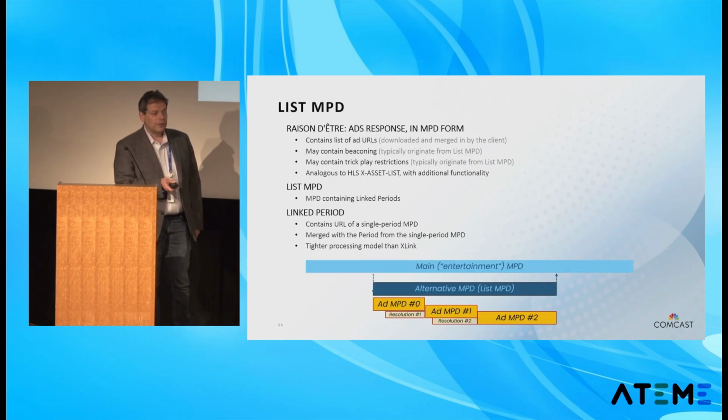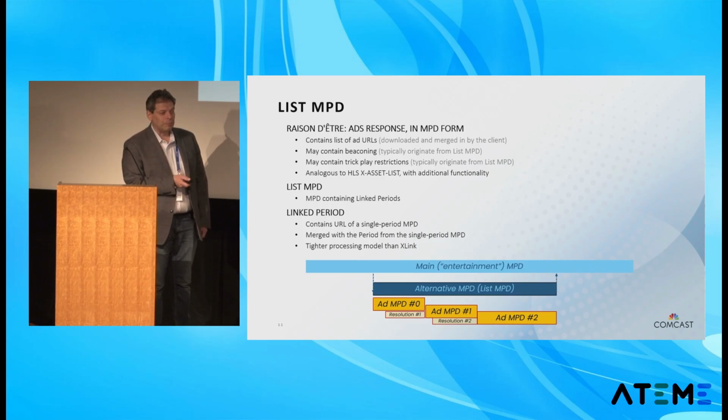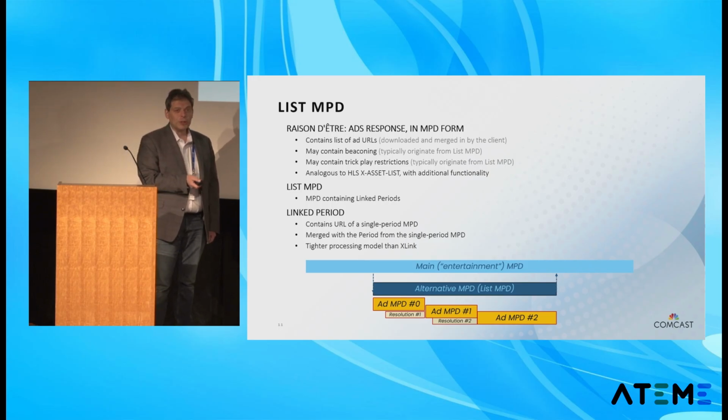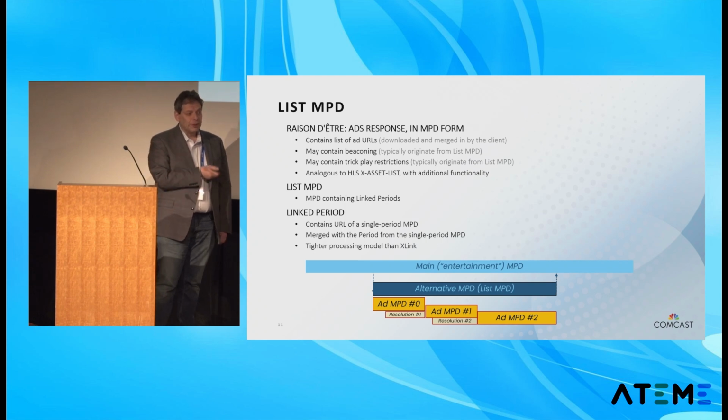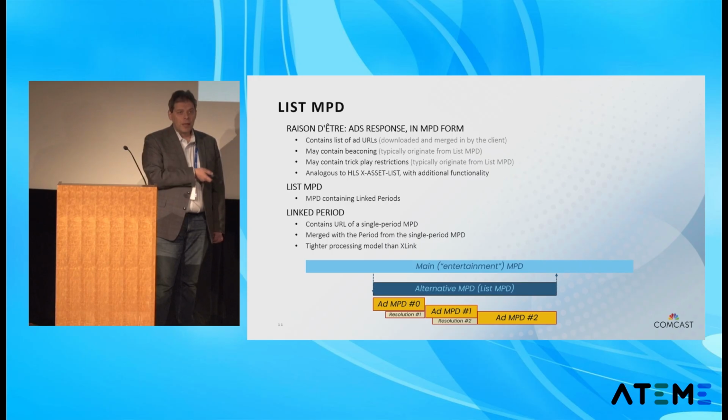List MPD, that was already mentioned. So what it is basically is X-Link done right. So you have a list of periods. Periods may have content, but they have an imported MPD element that says this is the actual MPD from which you want to get the content, and this is the earliest time at which you want to download this MPD. And then there is a well-defined merge process.